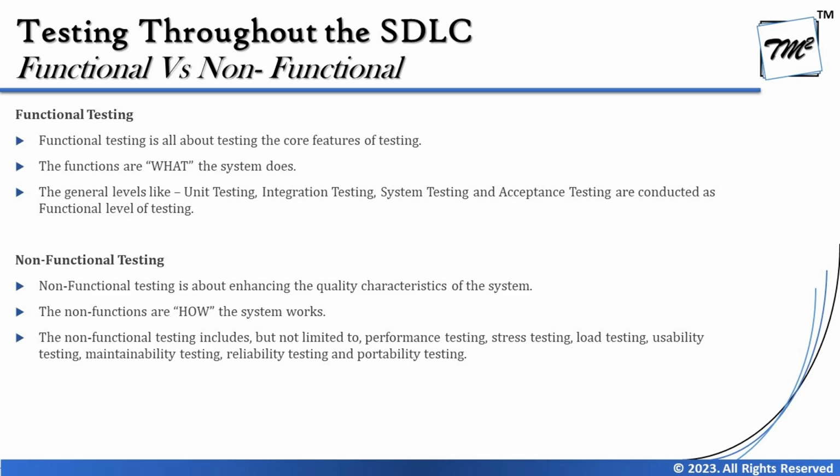Similarly, there are different levels we conduct here, and some of them have been listed on the screen. We have performance testing, with stress and load as a part of performance itself, then usability, maintainability, reliability, and portability testing. But that's not the whole thing. As I told you, we have 50 plus levels, so there are many non-functional levels for different quality characteristics.